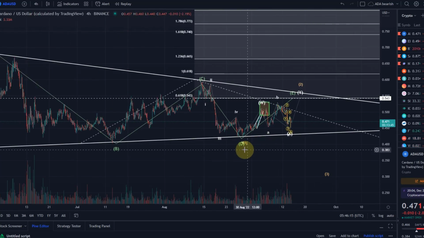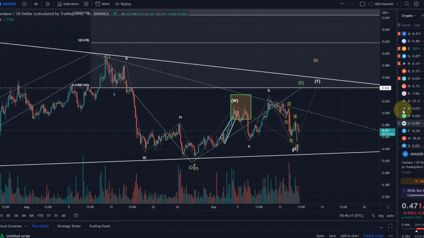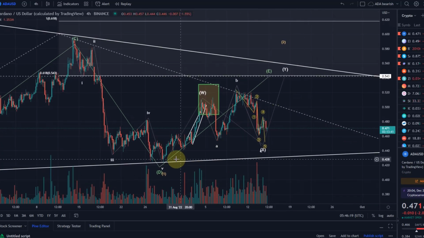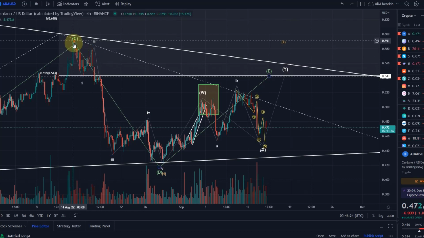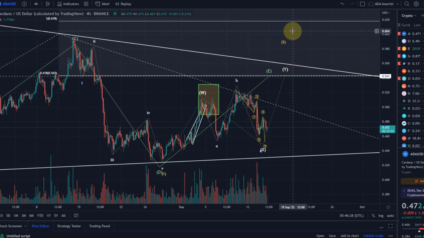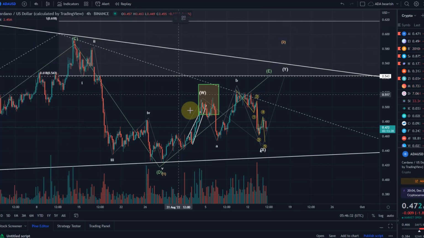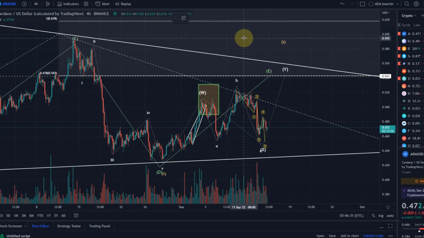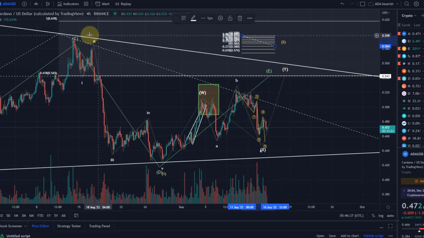This sort of has the characteristics of it. Now in the other possibility, which is also bearish, we disregard the green count, but say that we moved up from the high here, that we moved down in a wave 1, and we're now moving up in a wave 2. The triangle should not go above the wave C high.